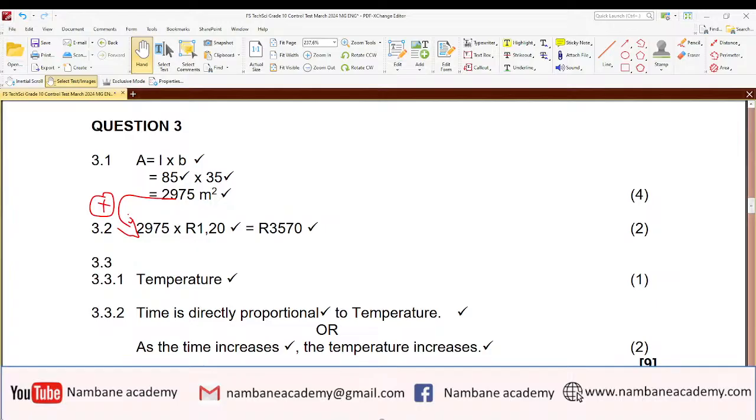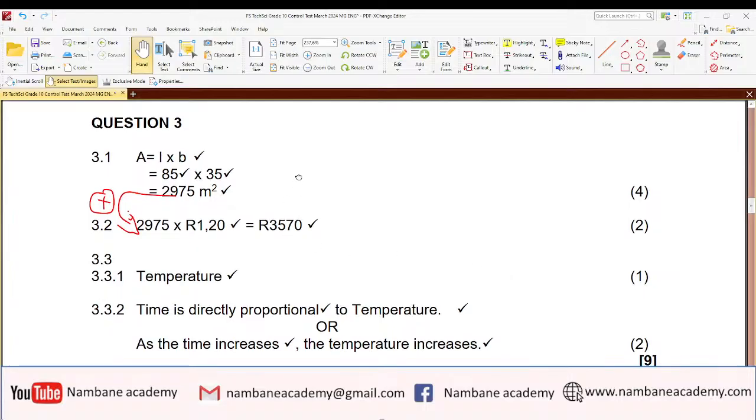In 3.1, if the learner got the answer correct and omitted the SI unit, do we give a mark for the response? Unfortunately, Mr. Ndlalankulu, we cannot award a mark. For us to award a mark, it must be with the SI unit. So if it does not have the correct SI unit, unfortunately, we cannot award a mark.